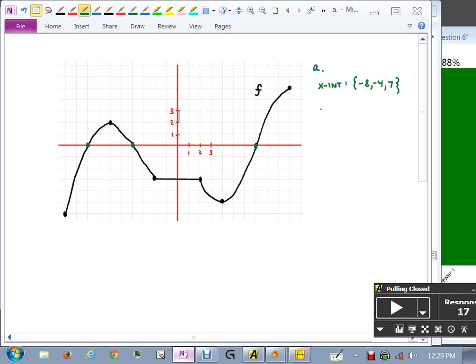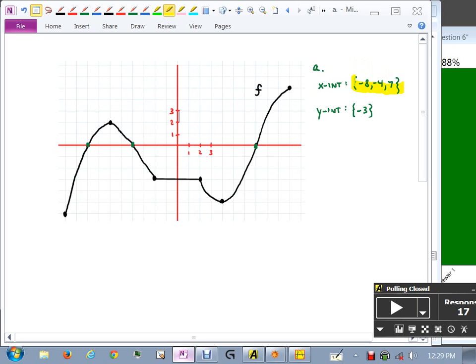Okay. Now, what about the y-intercept? Where does it hit the y-axis? At -3. So you're actually returning now a y value. Okay, this is what we've got to keep track of. That's right. So what I'm going to do is highlight.